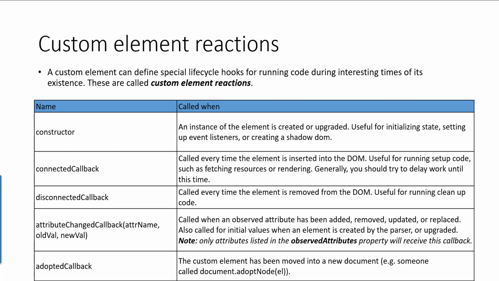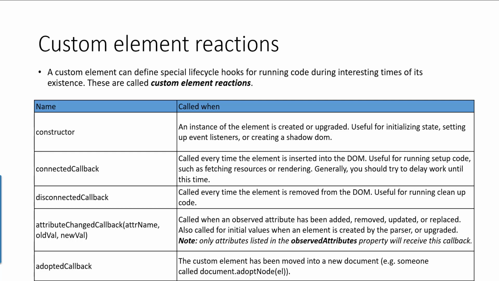The disconnectedCallback is executed when the element is removed from the browser DOM. So you can perform some kind of cleanup actions inside this callback. And we also have an attributeChangedCallback, which gets executed whenever the attributes of this custom component or web component are changed.